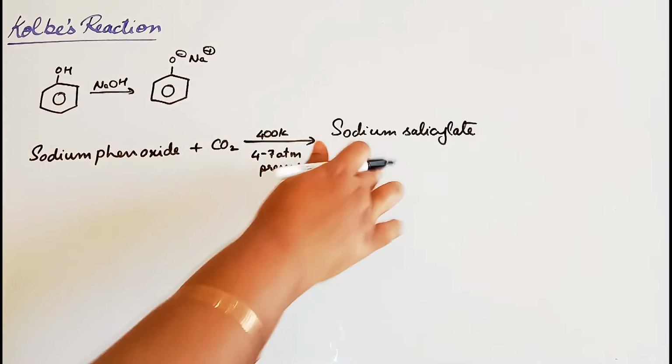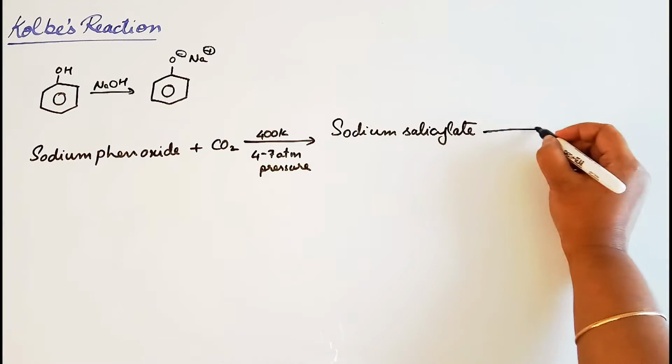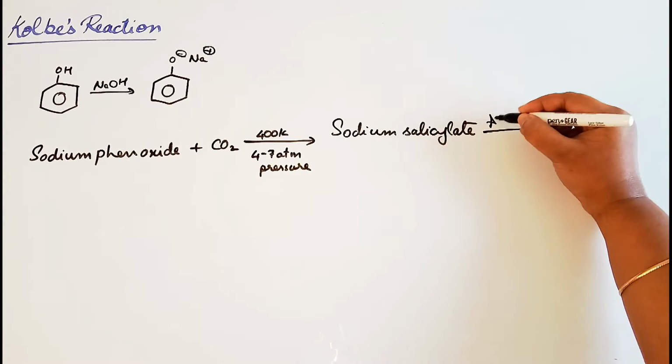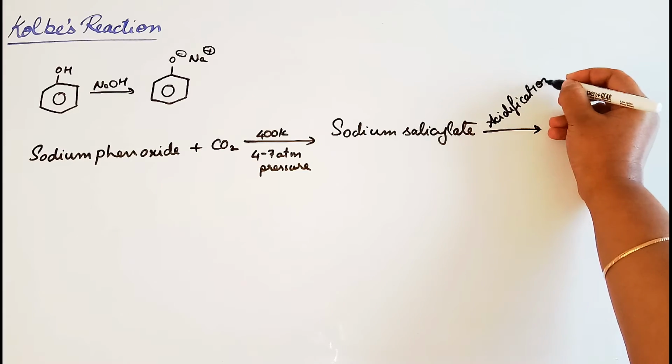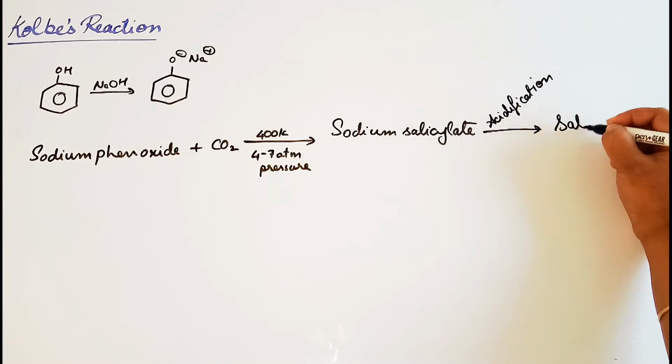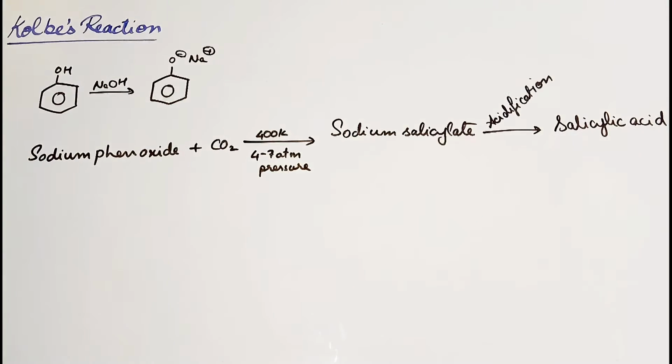This sodium salicylate, on acidification, gives rise to salicylic acid. So this is the basic idea behind Kolbe's reaction.